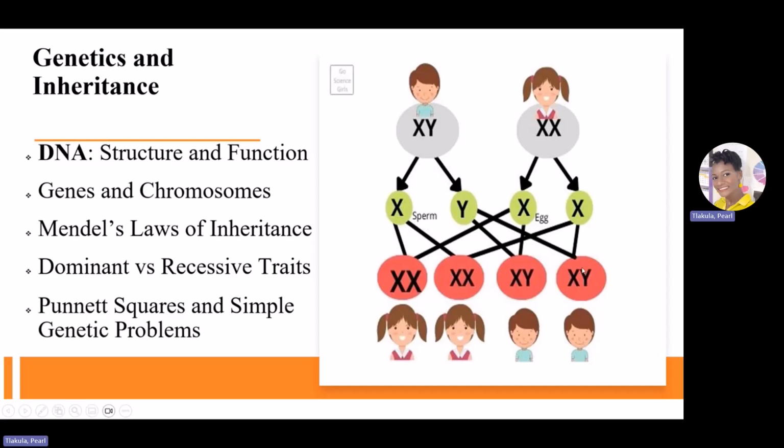So meaning here the dominant gene was the male chromosome that produced a male child. So remember to learn on how to cross pollination as well, even in plants. That will help you a lot, and understand how the Punnett square and the simple genetic problems work.